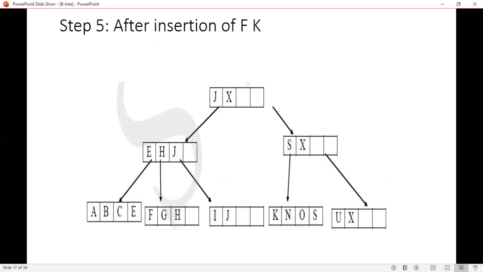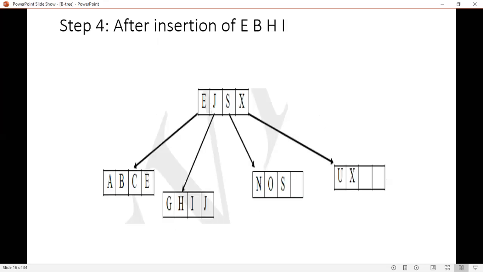Next step, insertion of F, K, where you can insert F. See the previous diagram, where does F come? That is in the root node. If you see, F comes after E. After E means before J, where this J key points to the second node in the leaf, isn't it?